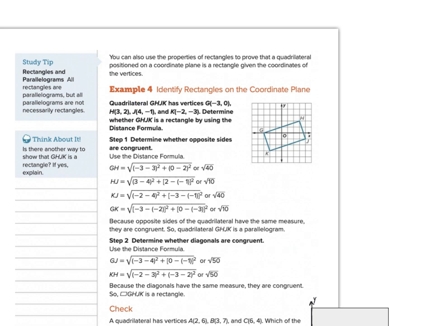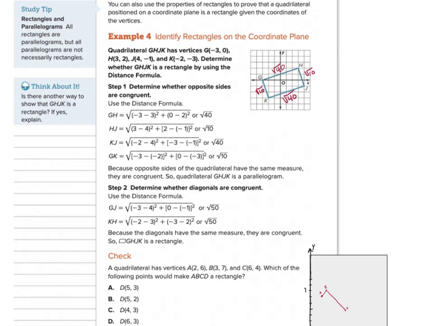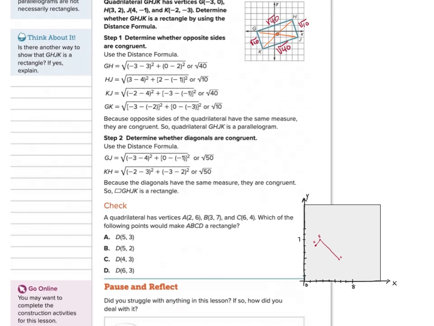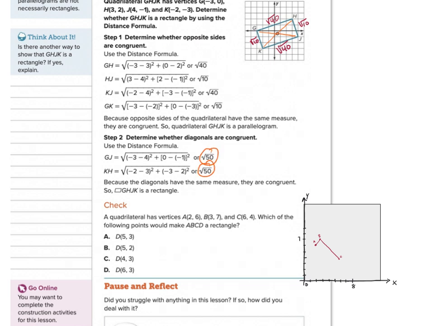So in order for it to be a parallelogram, they found the distance formula of the opposite sides, and they determined that my opposite sides were congruent, so that made it a parallelogram. Now, once we have a parallelogram, the diagonals have to be congruent for it to be a rectangle. So they did the diagonals HK and GJ, and they determined that those two were both the square root of 50 using the distance formula. So therefore, we had a rectangle. Okay, that helped us there.